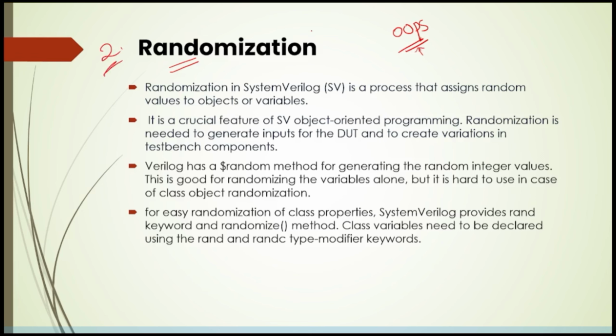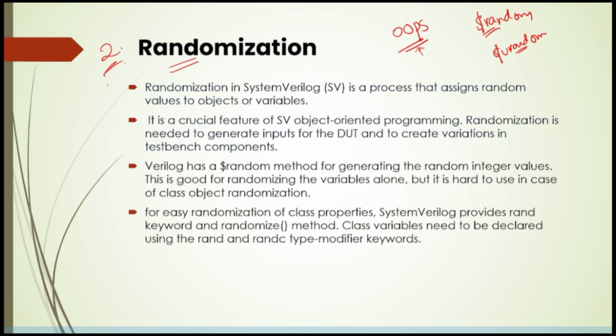I don't say that this is not present in Verilog, because if you are familiar with Verilog, you know that randomization is present in Verilog also. In Verilog, you will be using keywords like $random and $urandom in order to produce various random values. But this randomization is not enough for SystemVerilog.